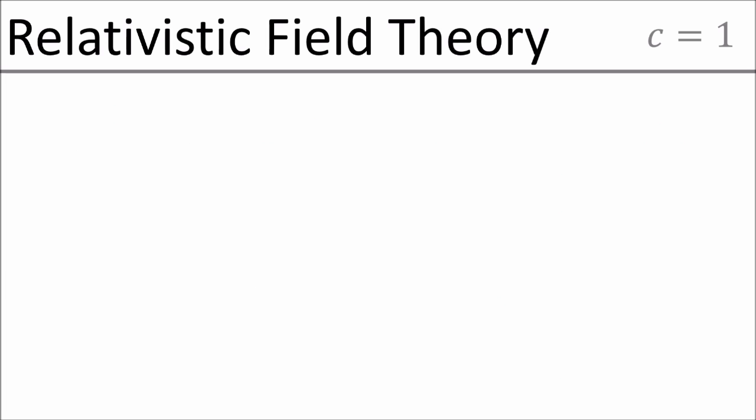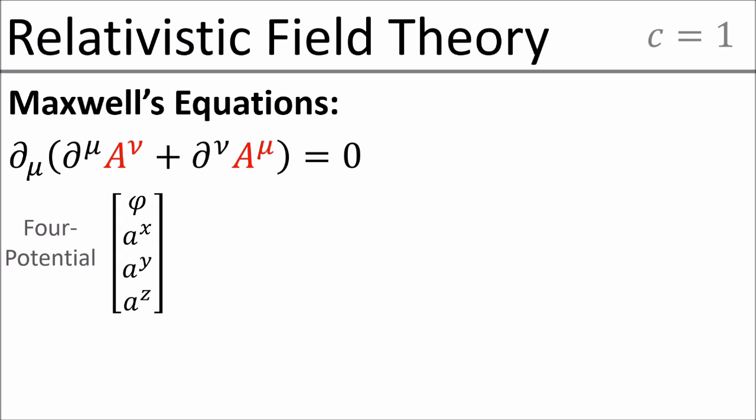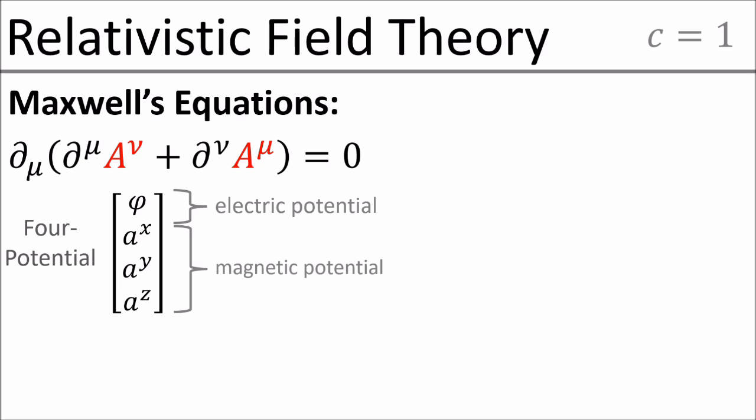Now, let's take a quick look at the Maxwell equations for a vector field. This version of the Maxwell equations might look different than the versions you're used to. This capital A is a 4-vector field with 4 components, and this is called the electromagnetic 4-potential. It's made up of 1 electric potential component and 3 magnetic potential components.